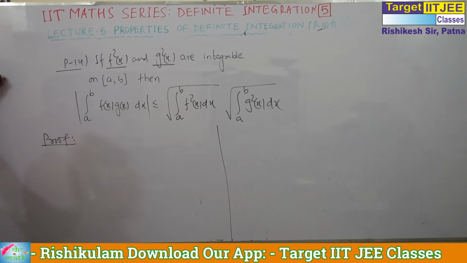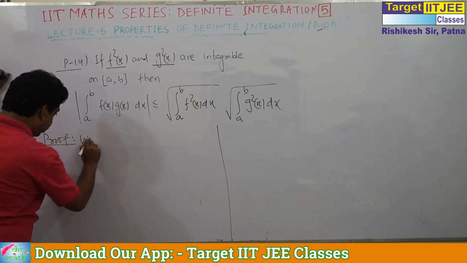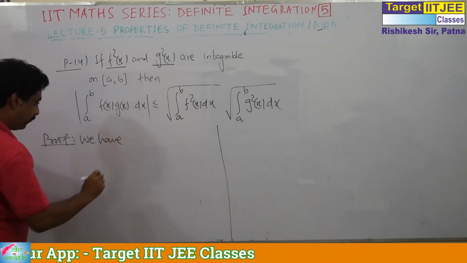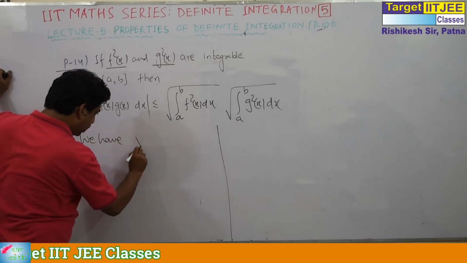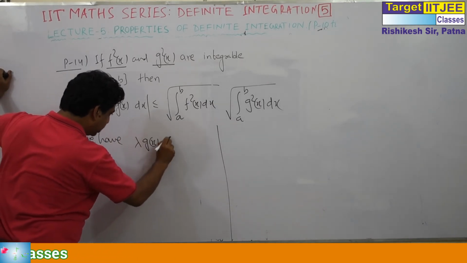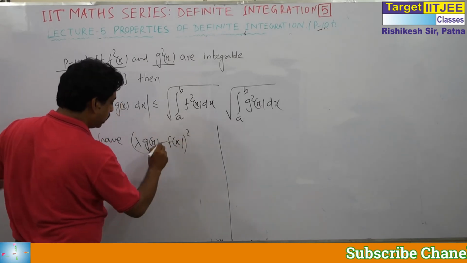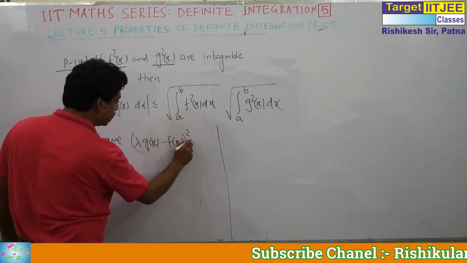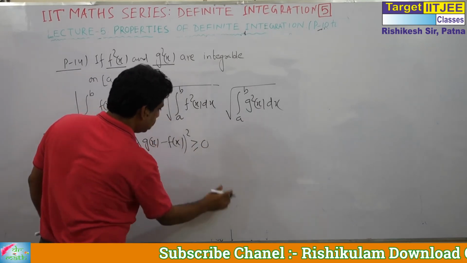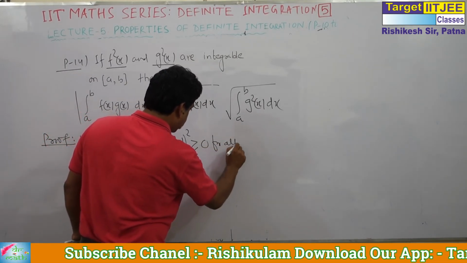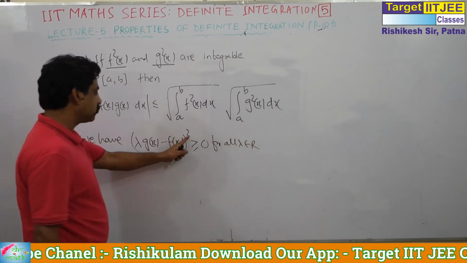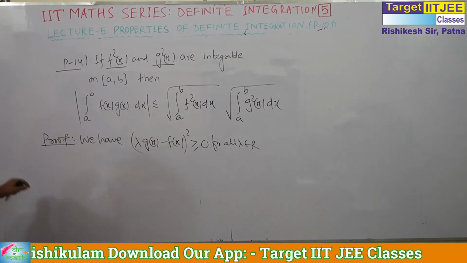See this one. Actually, if we take lambda gx minus fx, whole square, it is greater than or equal to 0 for all lambda belonging to R. Since this is a square function, this is greater than or equal to 0.